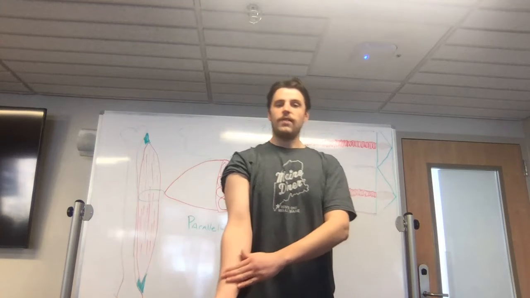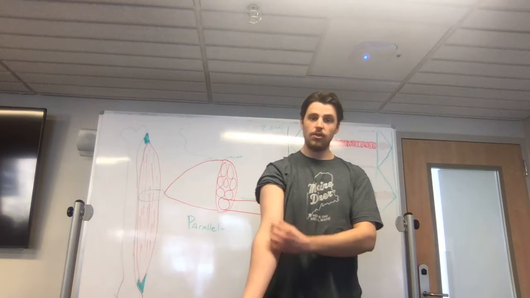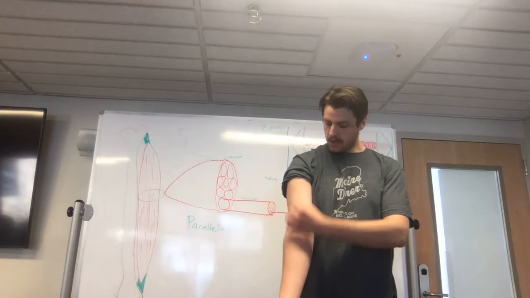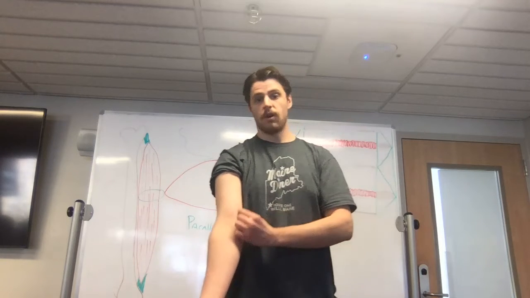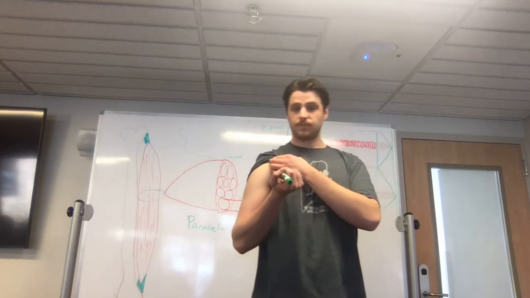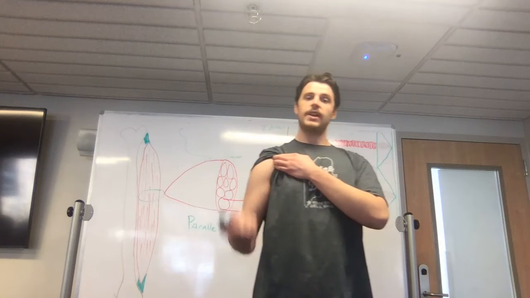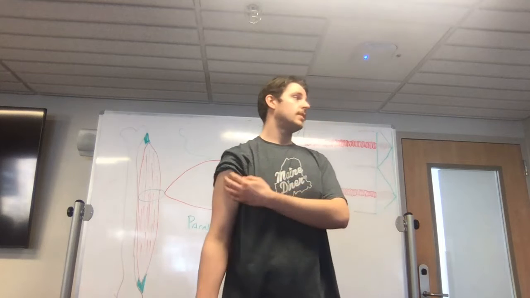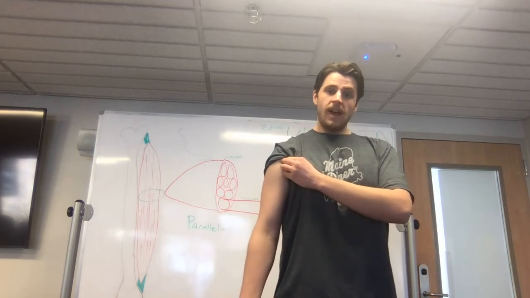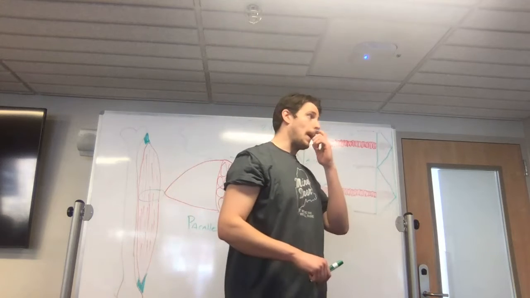And if you look at the bicep, these are long muscle fascicles running in parallel to one another, right? So they provide one of the greatest lengths of contraction. And so that is the example of parallel muscle.